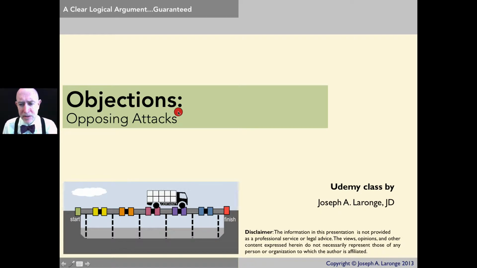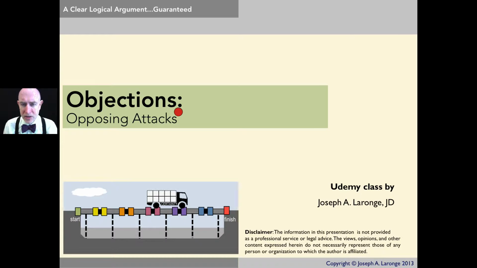Objections in this arena do not mean the same thing as, for example, in court, where you see the lawyer stand up and say, "I object," because they're objecting in a trial to the way a question is asked or some problem with procedure.